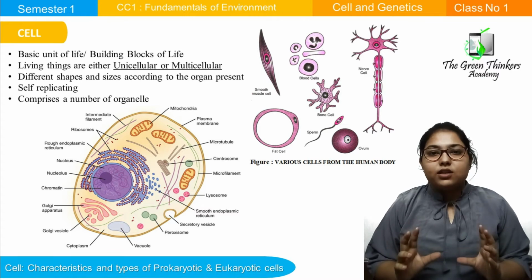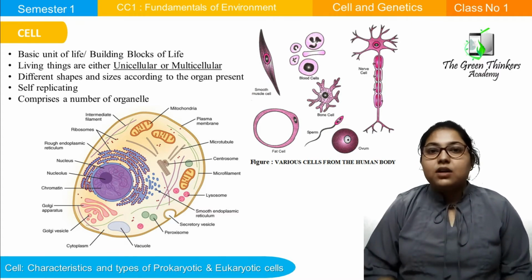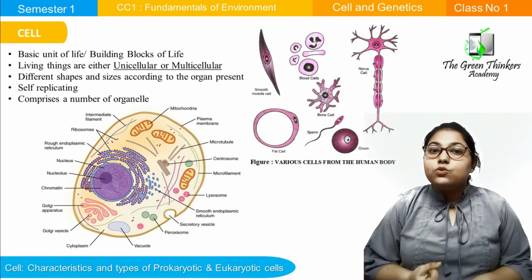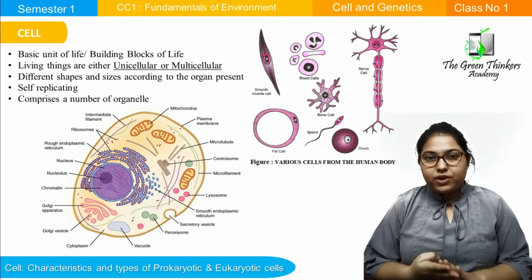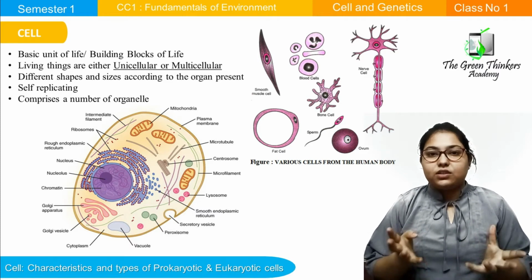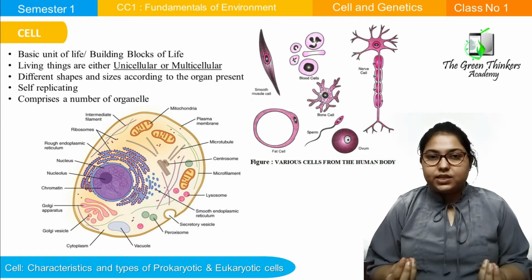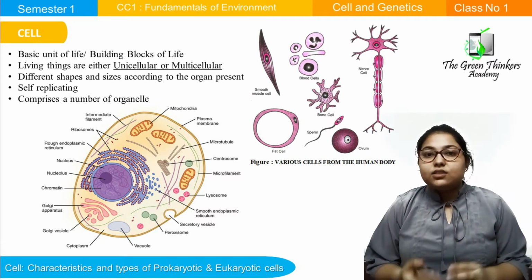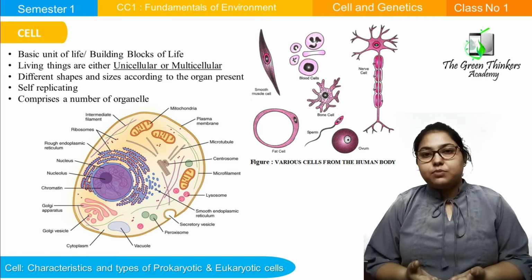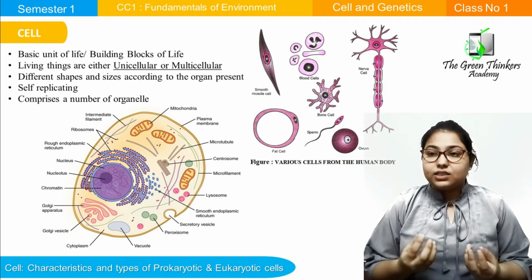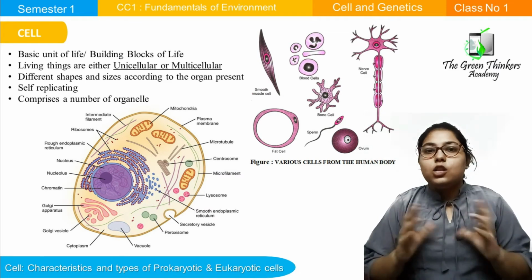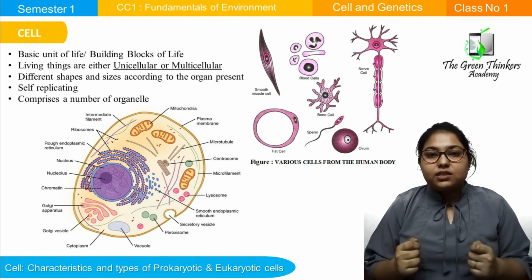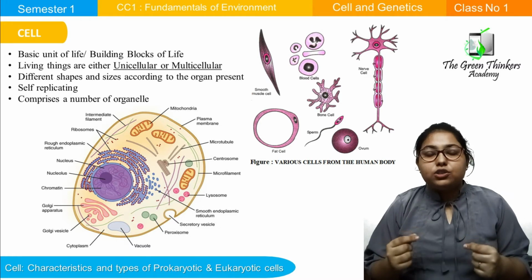So the different organelles which are present in the cell are the ribosomes, the mitochondria, the nucleus, and the plasma membrane, which is the place where all the organelles are present. It also consists of the vacuoles, the chromatin, the Golgi apparatus, the endoplasmic reticulum, the cytoplasm, the lysosomes, and a lot more, and each has its own function which regulates the different functions of the cell.